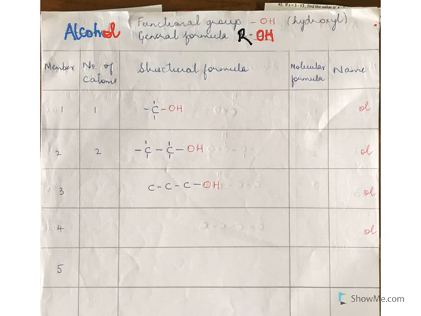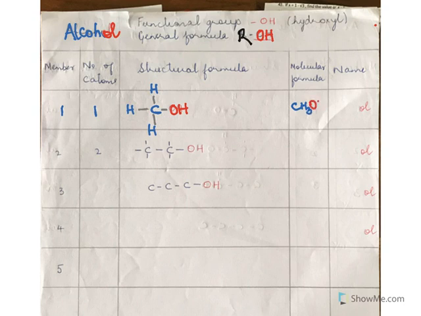Look at the first alcohol, which has got one carbon. So here is the carbon. Now every carbon has got 4 arms, 1, 2, 3, 4. To this one arm is attached OH, hence it becomes alcohol, and then we have H, H, and H. So the molecular formula in this case is CH3OH.